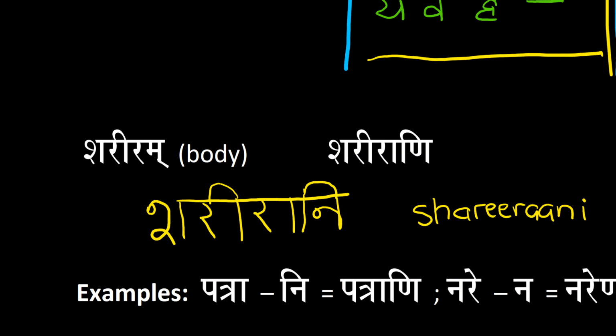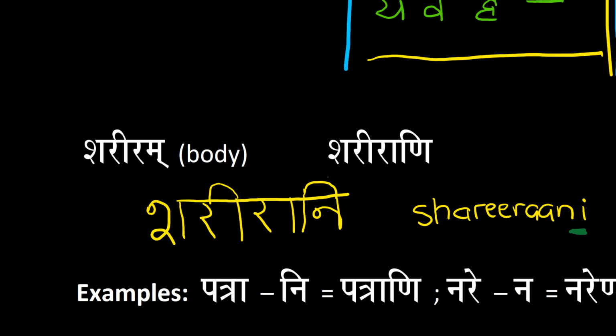And the reason for that is, take a look at the I sign, the I vowel for sharirani. The order of the letters in English goes with the order of the pronunciation.